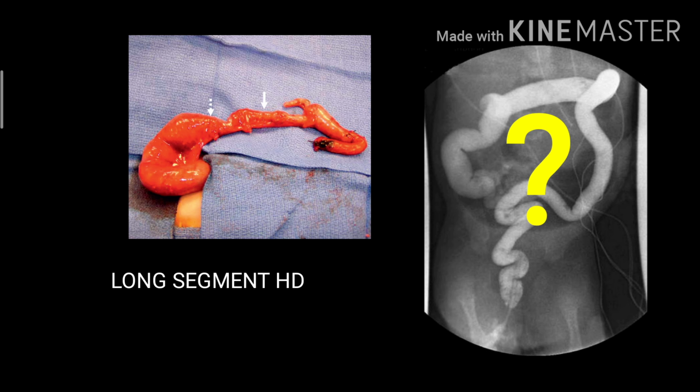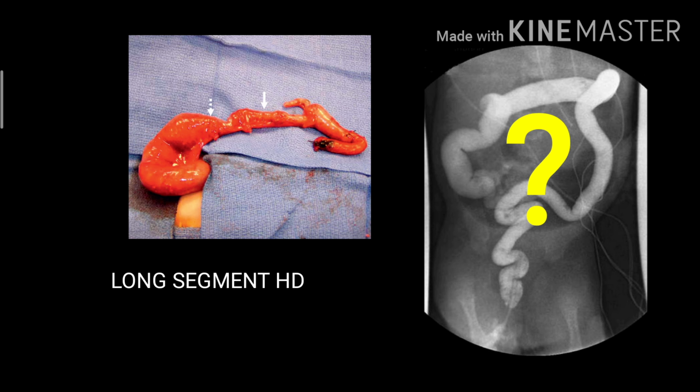So in long segment HD, we have to distinguish it from ileal atresia. The question mark sign on contrast is one feature. Next, if the contrast is entering the ileum into a dilated segment, it is HD because there is an obstruction. The contrast will enter into a dilated ileum. If the ileum is also constricted, it is more likely to be ileal atresia.